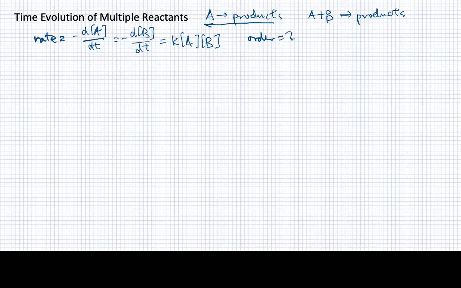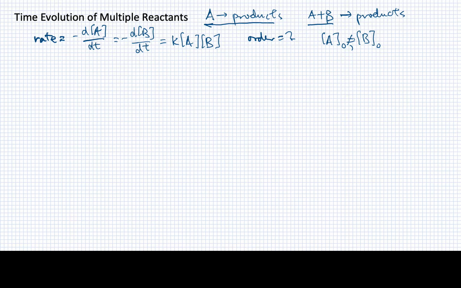We're also going to assume that we start off with these concentrations for our two reactants, but I'm going to further make the assumption that these are not equal to each other. That is to say, we're starting off with different amounts of them, even though they're combining in a 1-to-1 ratio.